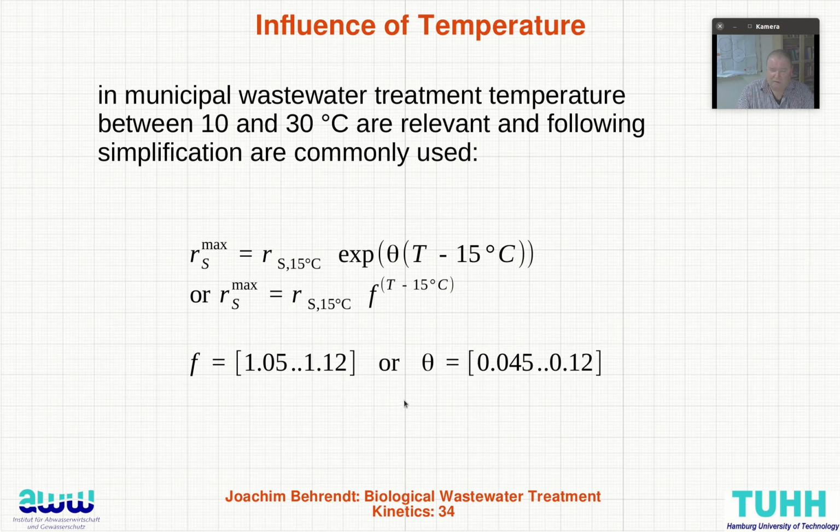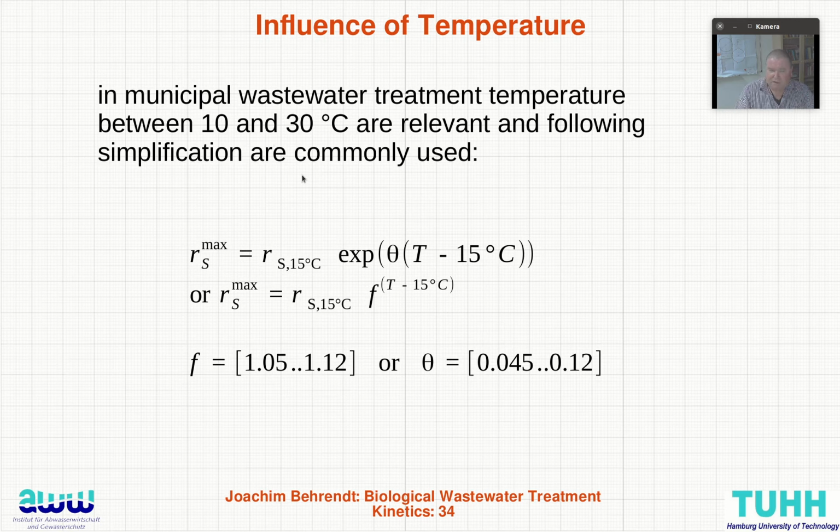But last not least, in wastewater, normally we don't have a very wide temperature span. Sometimes we make it a little bit easier. For the temperature range between 10 and 30 degrees centigrade, we make a simple approximation.